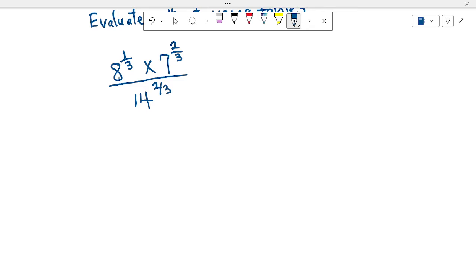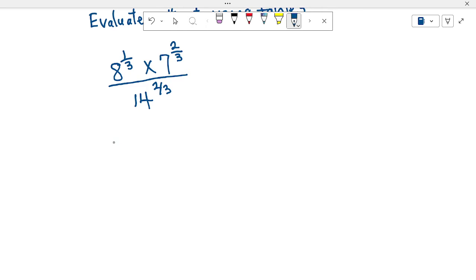Remember, we can't use the first law here because both of them are not the same base; there's no way we can break 7 further. So we can't use the first law for the numerator. So we go through another route. But we can break down 8, and we can break down 14 too.